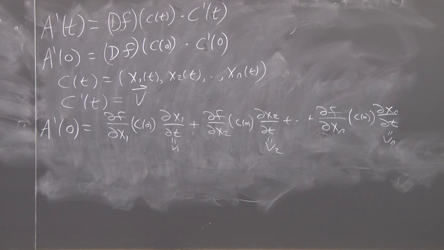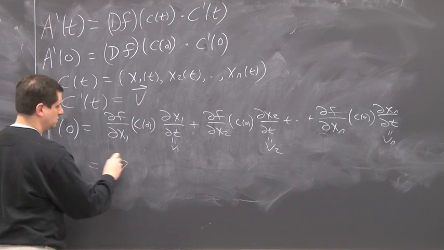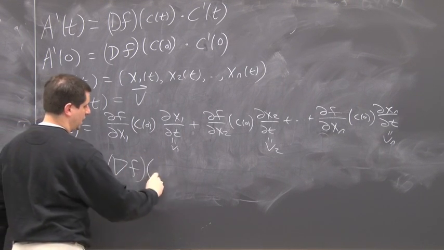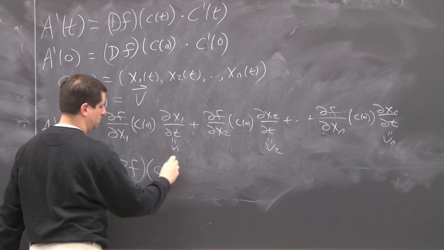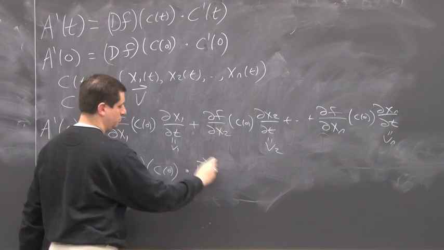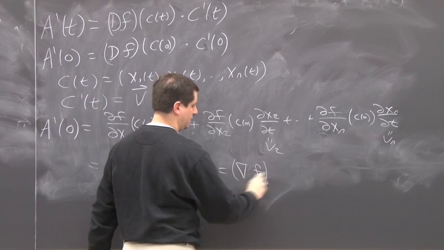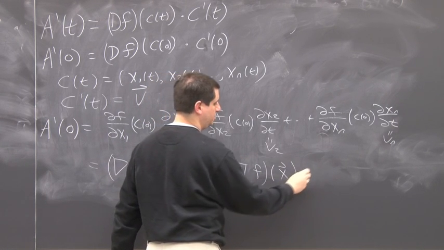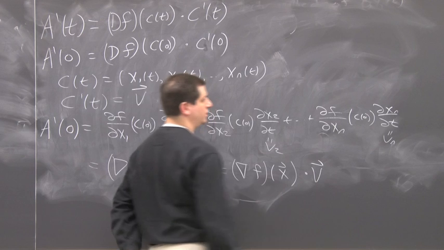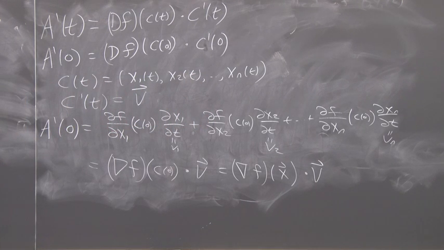And so what we get is the gradient of f at the point C of 0 dotted with v, which is just the gradient of f at the point x that we care about dotted with v. And from a computational perspective, this is a much nicer formula to work with.